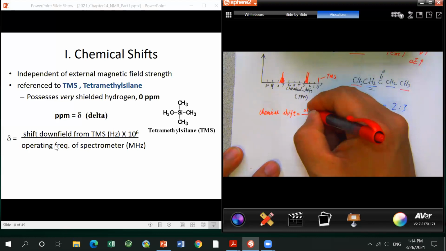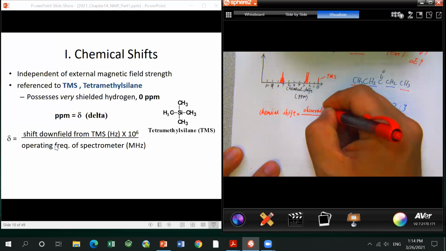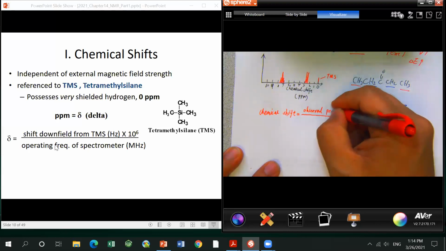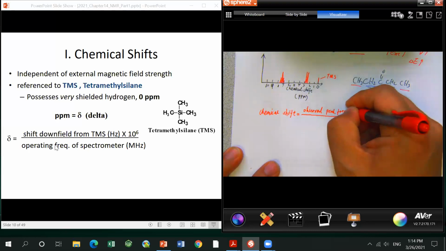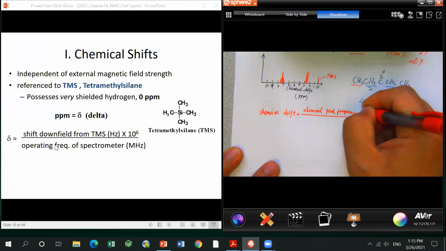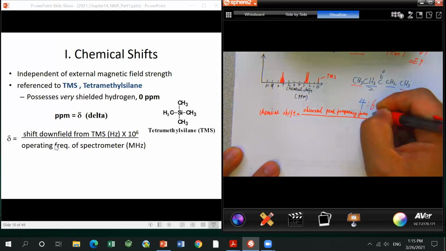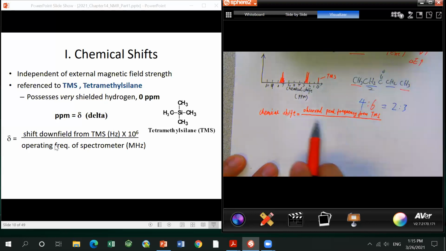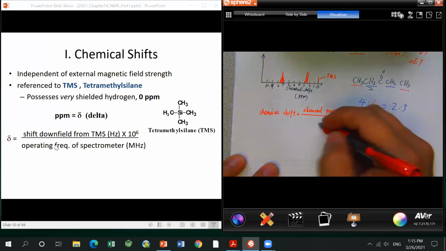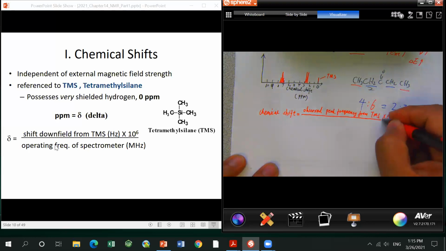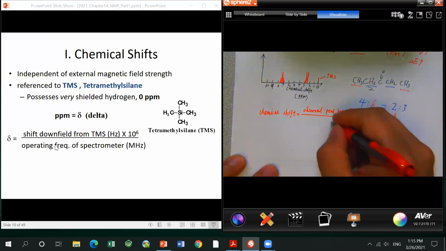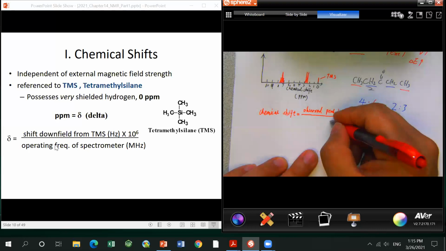So this is the observed peak frequency from TMS, the relative ratio, then times 10 to 6, and then divided by the instrument frequency.